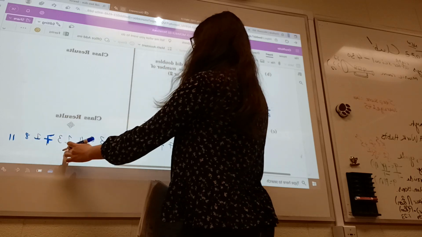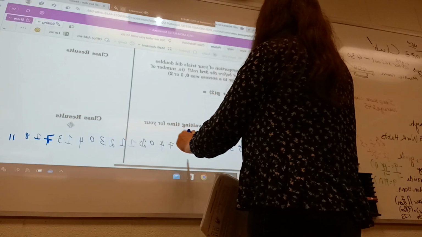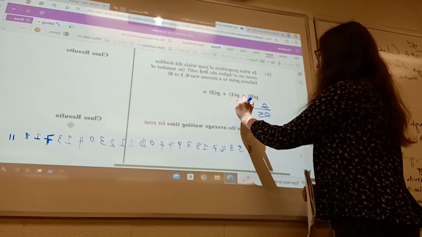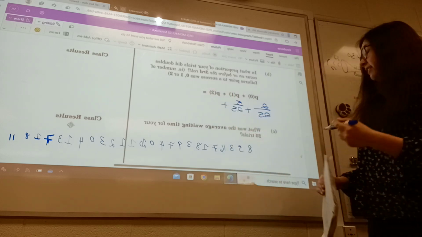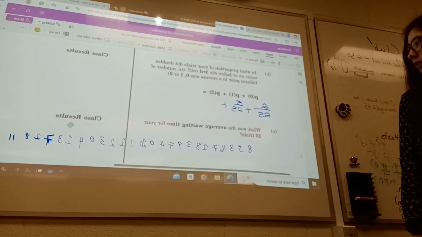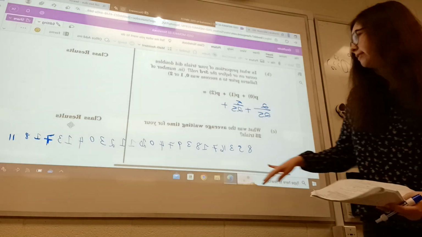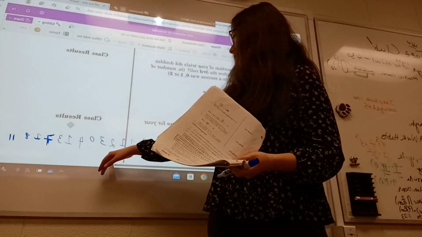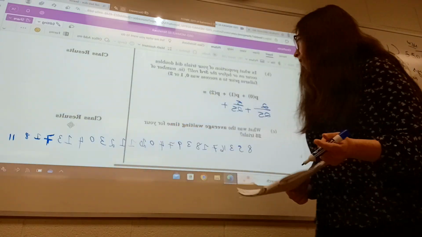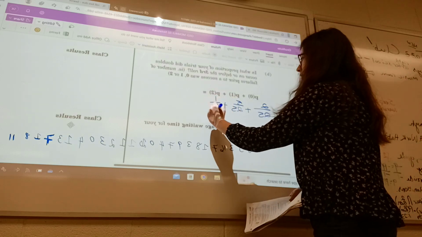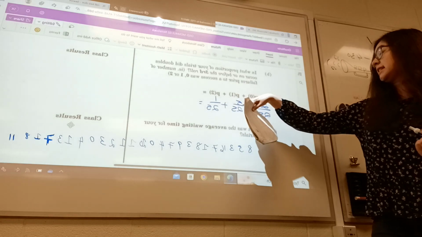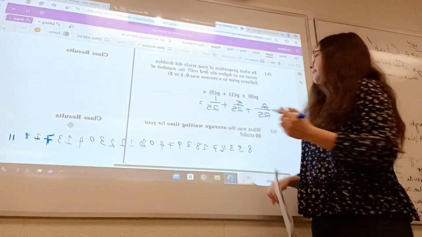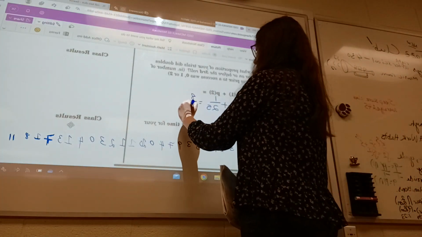So 1, 2, 3, 4, 5 out of 25. And the probability of having 2 failures and then on our 3rd roll, rolling a double. Do we have any 2s? Yes, 1 out of 25. So that'd be 2 plus 5 is 7, plus 1 is 8 out of 25.